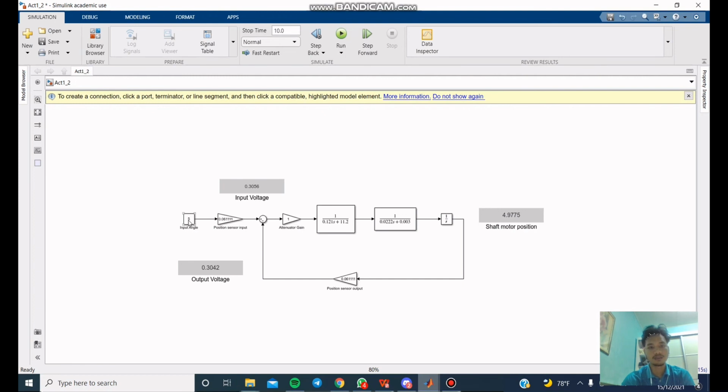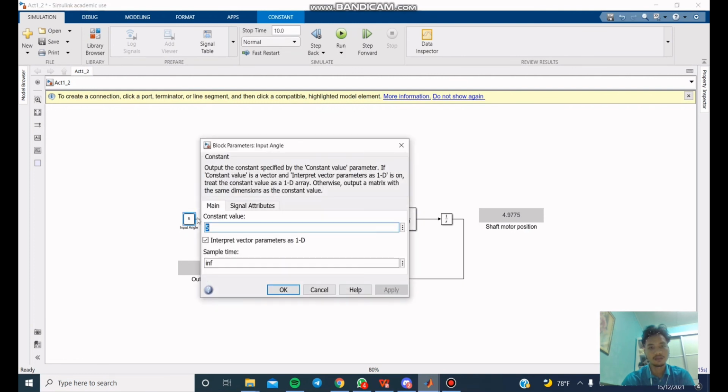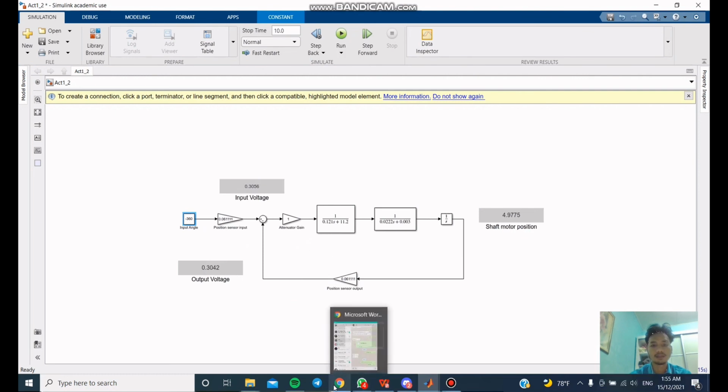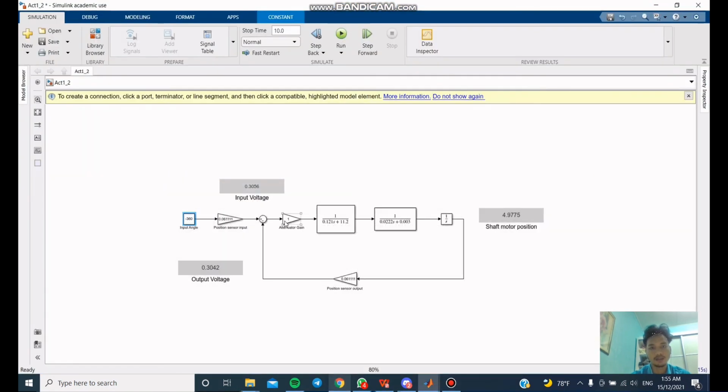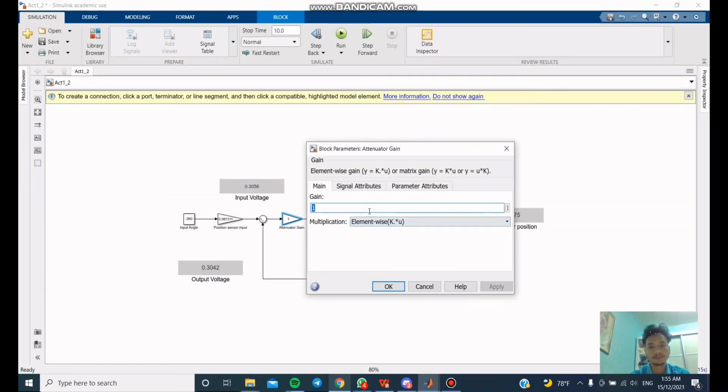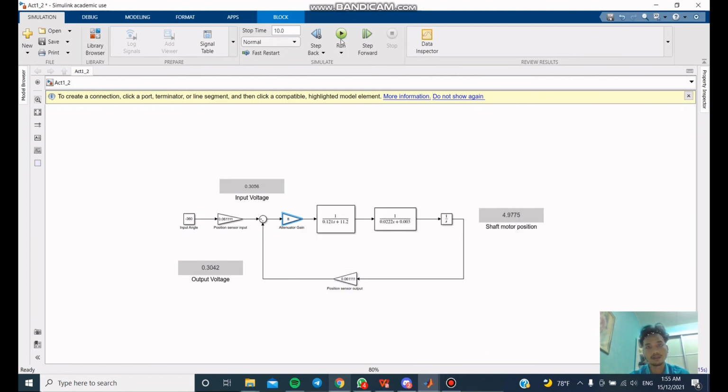In case we need to change the input angle to anti-clockwise, so negative 360, apply, and the attenuator gain we can change to 8, apply, okay, and then run the simulation.